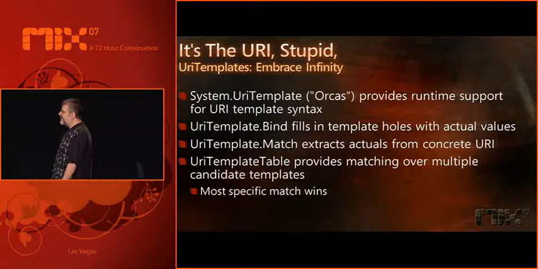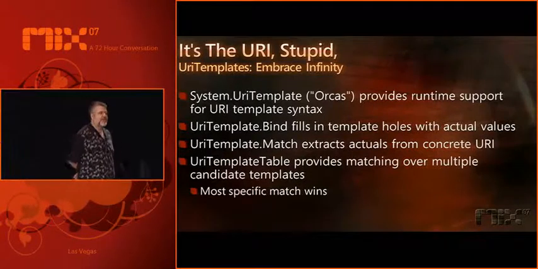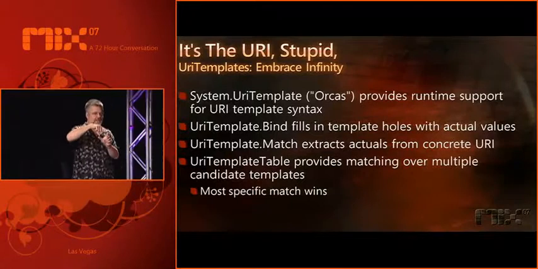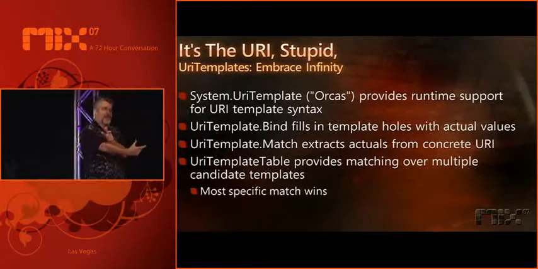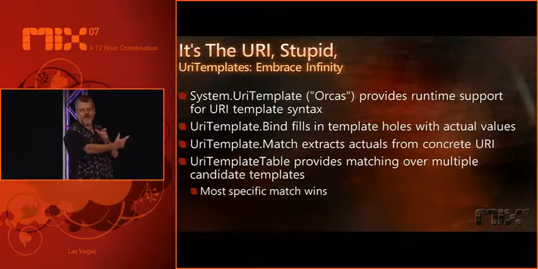The more rocket sciencey piece of this is UriTemplate.Match. What UriTemplate.Match does is it takes the template with the holes and an actual URI that purports to be in the space of URIs described by the template.